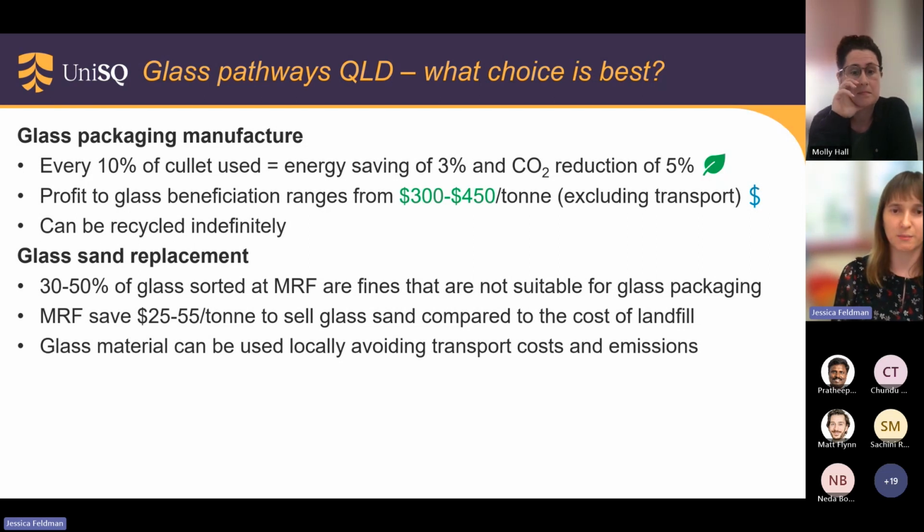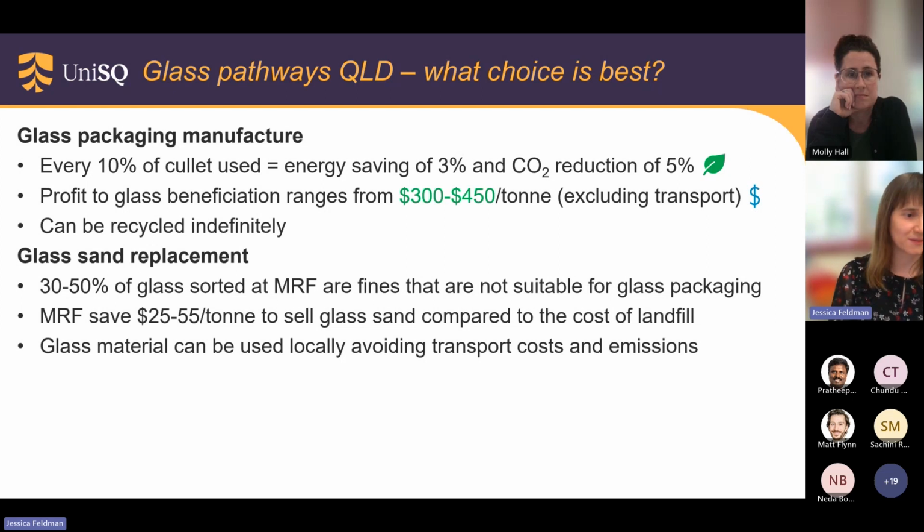So this is a really large amount that wouldn't be able to be used for glass packaging and would end up in landfill if we didn't have that glass sand option. The MRF still saves about $25 to $55 per tonne to sell the glass sand compared to the cost of landfill. And another big benefit is the glass material can be used locally, avoiding transport costs and emissions.